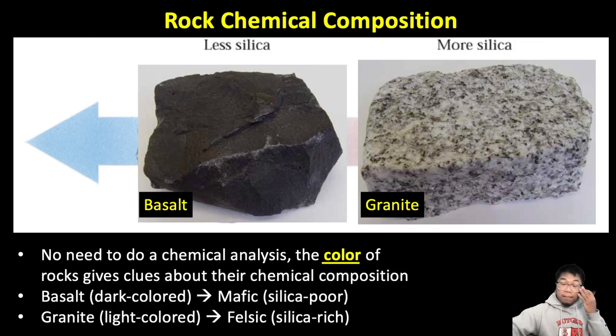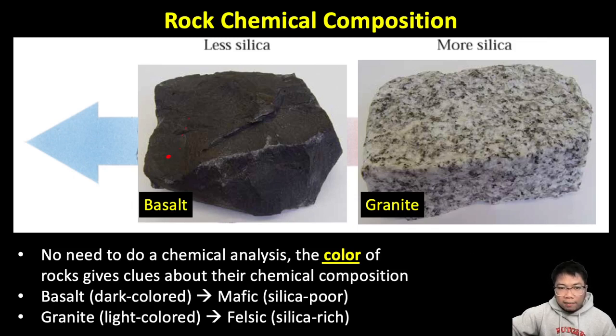However, there's actually no need to do a chemical analysis because luckily the color of the rocks gives strong clues about the chemical composition. For example, here we have dark colored basalt.